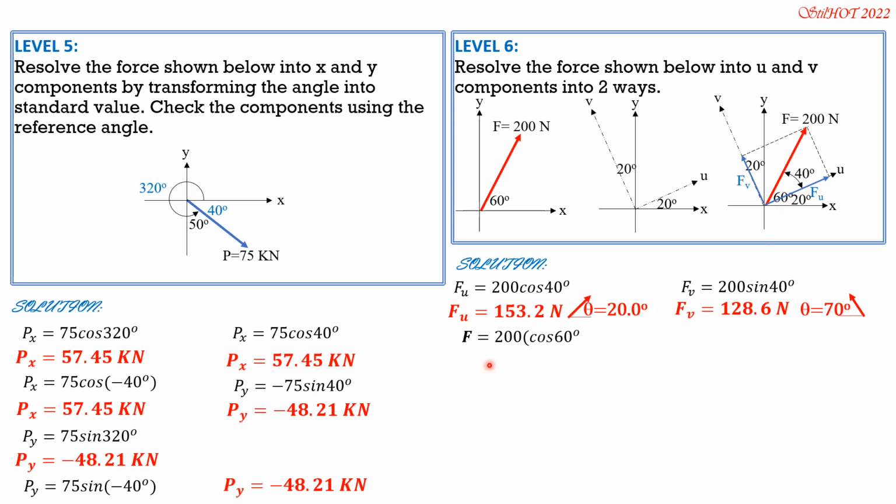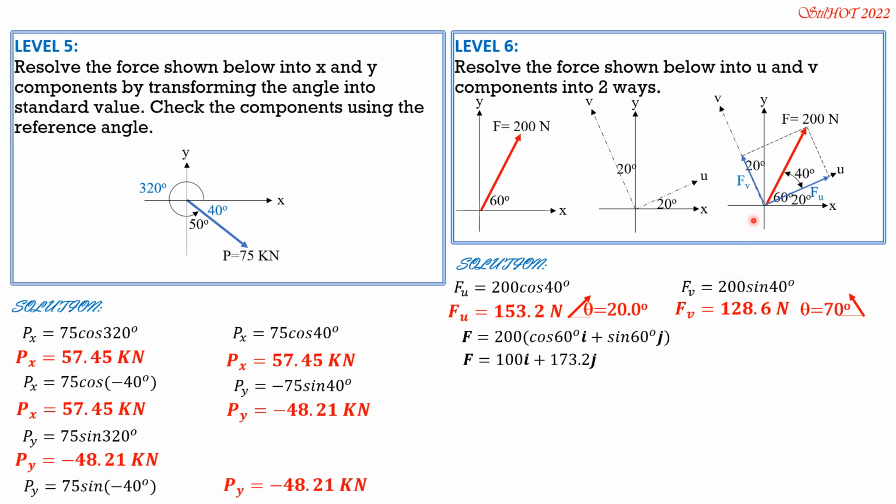So the vector representation of the force is its magnitude, quantity, unit vector of its direction, which is cosine of 60 degrees i plus sine 60 degrees j. So remember that this is lambda or unit vector of F. So simplifying, 200 cosine 60 is 100 i plus 200 sine 60, 173.2 j.